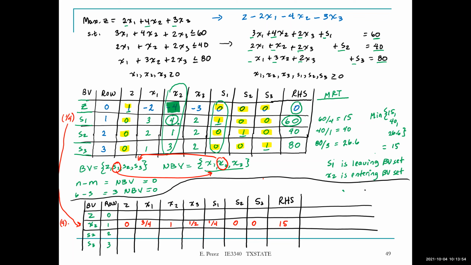So we do the minimum ratio test. So this is 15 over 1/2, and this is 30. Then we have 25 divided by 3/2.